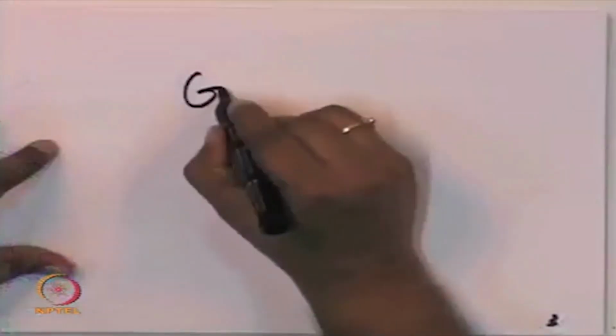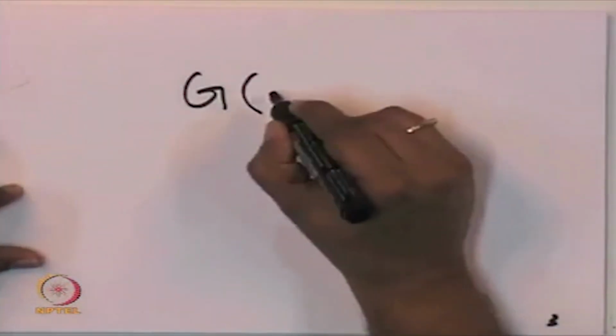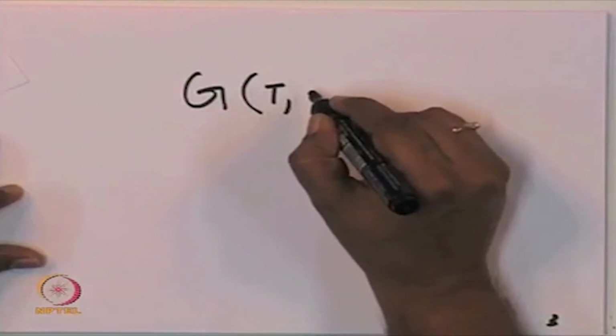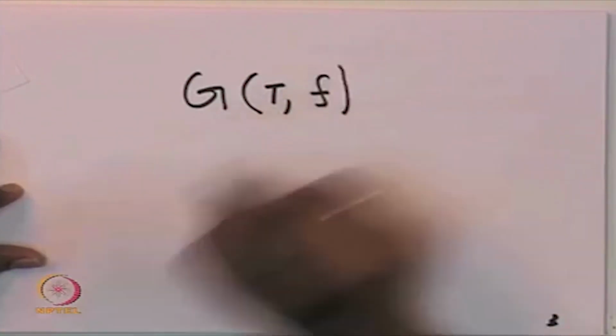So, in thermodynamics, there is a quantity called free energy, which most of you are familiar with. There is a quantity called Gibbs free energy, which is often denoted by G. This Gibbs free energy is a function of temperature and it is a function of the force or the pressure. So, here is the force.